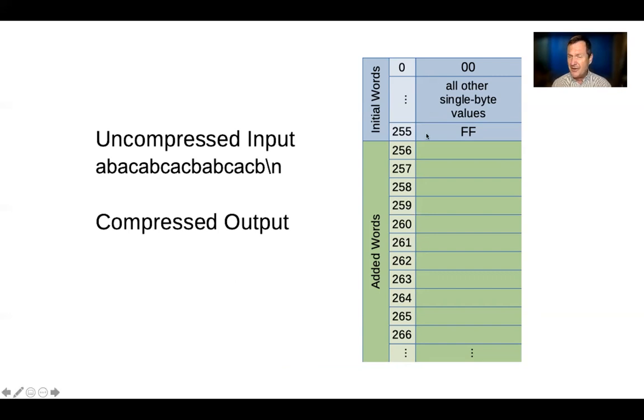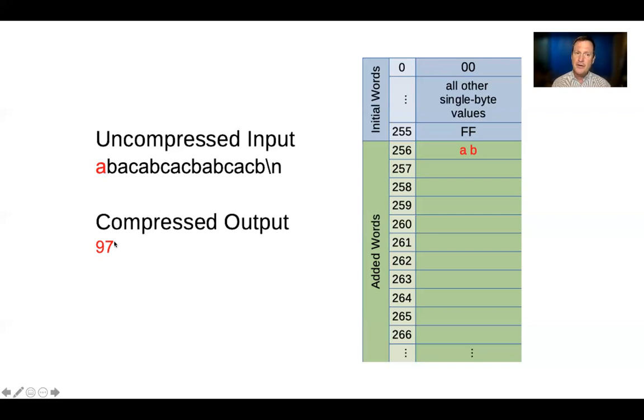So initially, the longest word we're going to be able to find is the word that matches this A. The ASCII code for A is 97. It's not shown in the picture, but that's going to be line 97 in the dictionary. So the longest word we can match is just this A.